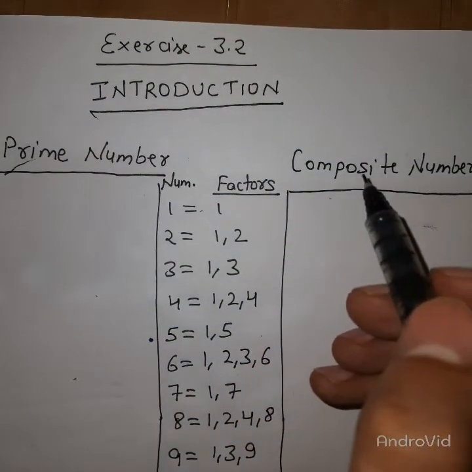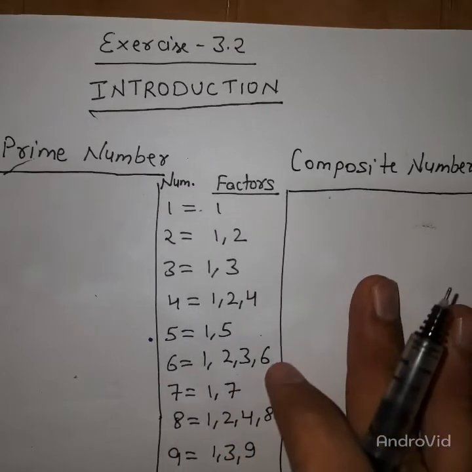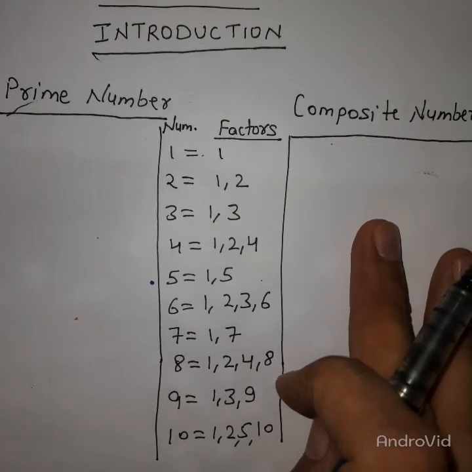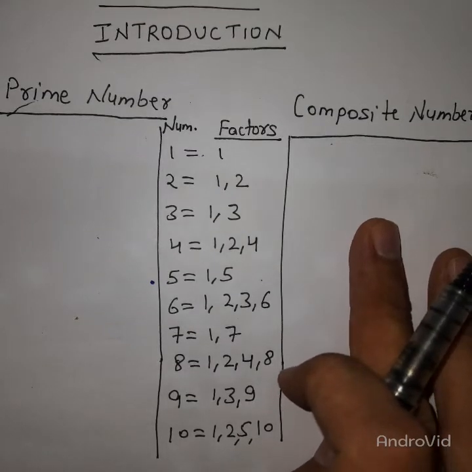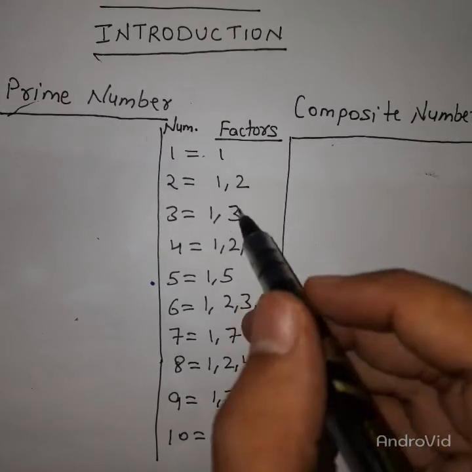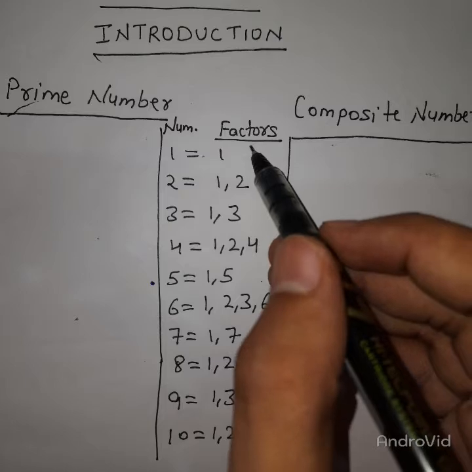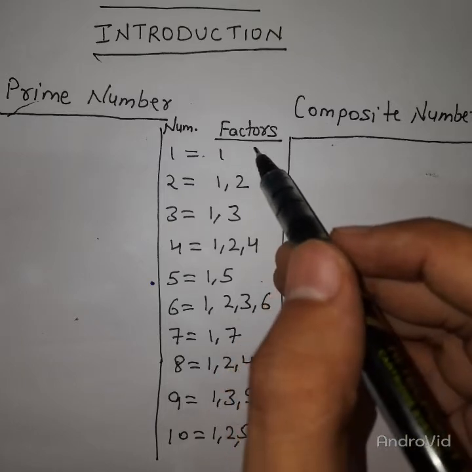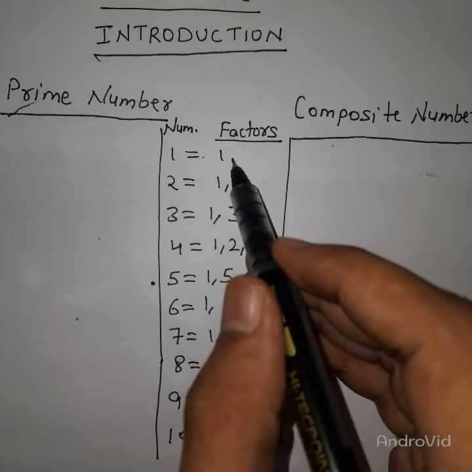So, before starting our topic, I would like to have a glimpse at some numbers from 1 to 10. Till now, all of you have known what factors are. For the number 1, the factor is 1.